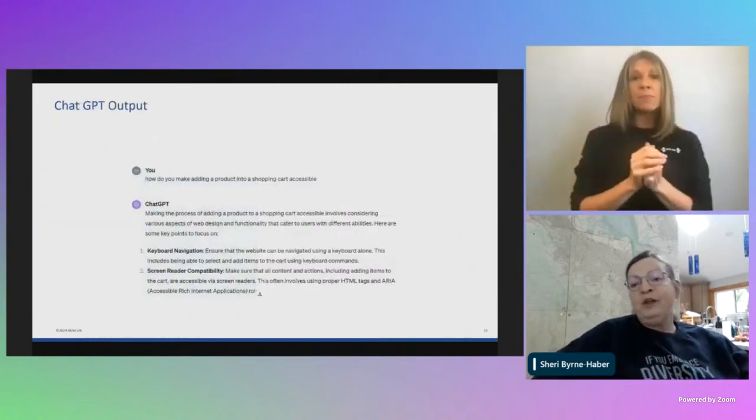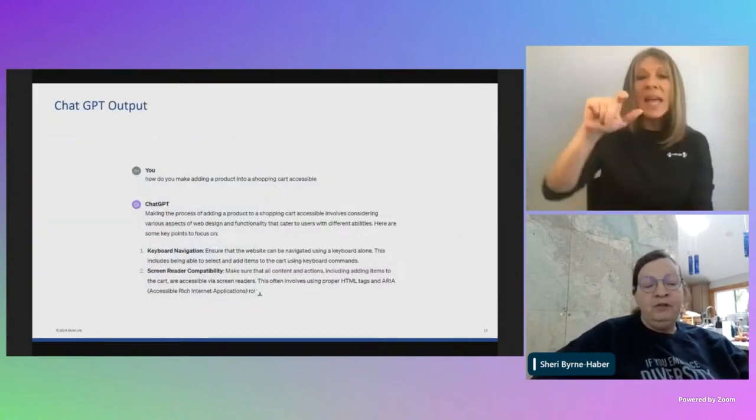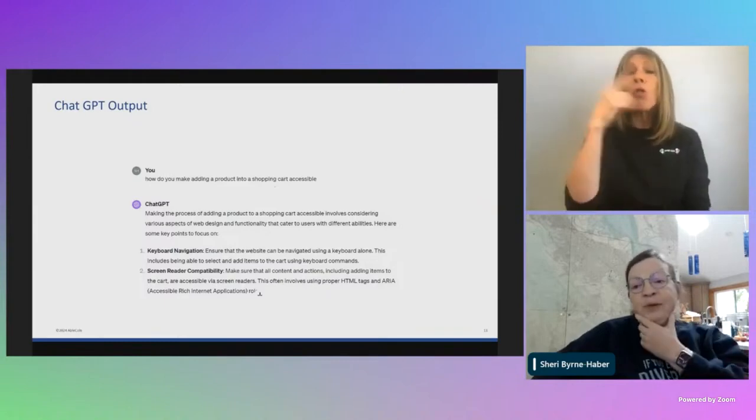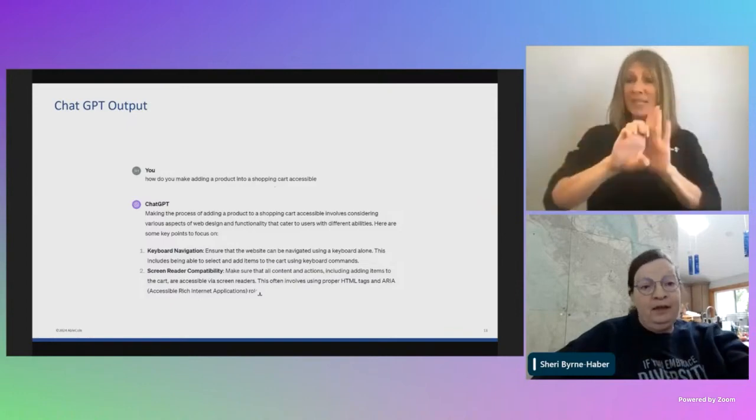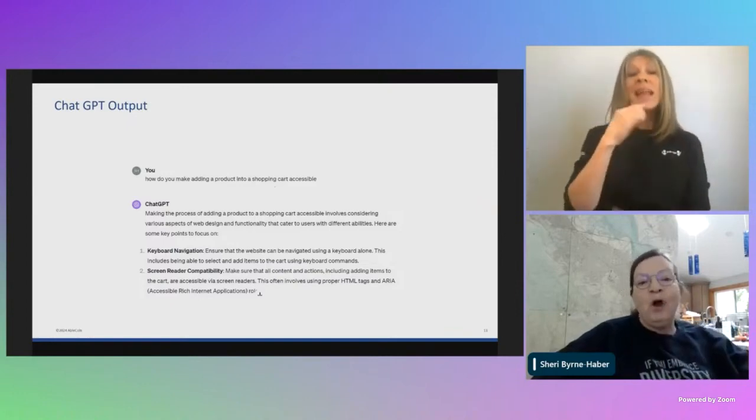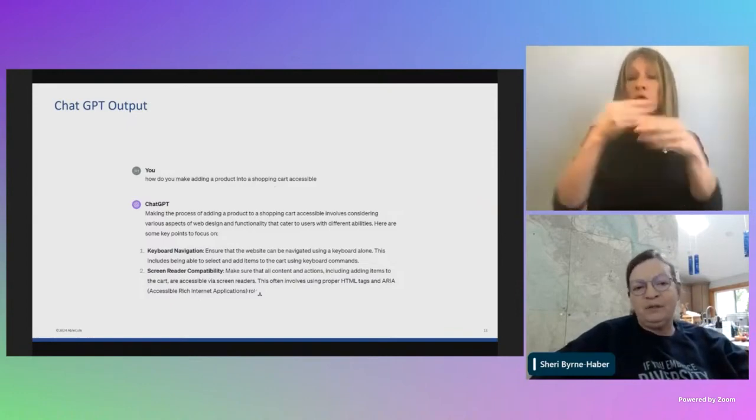So what does some ChatGPT output look like? I have a couple of screenshots here with some generic examples. And I said, how do you make adding a product into a shopping cart accessible?